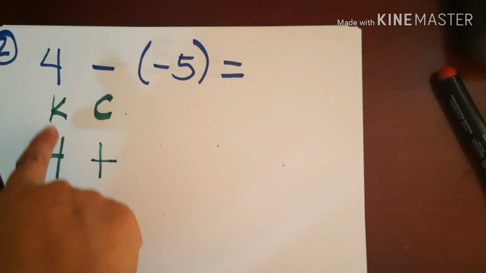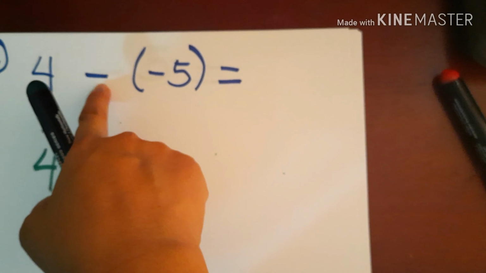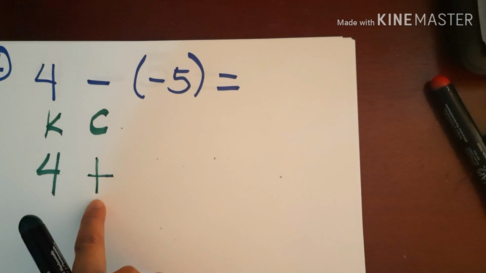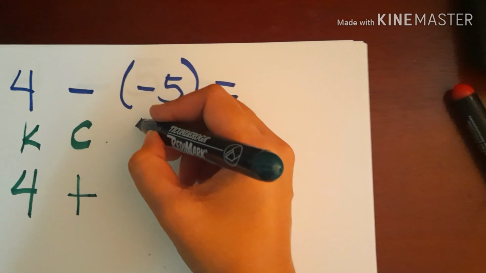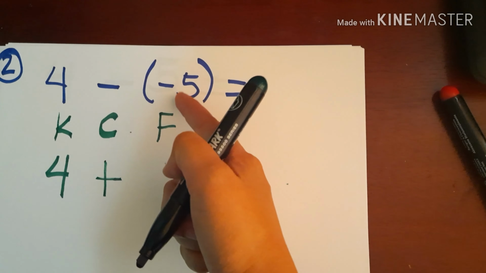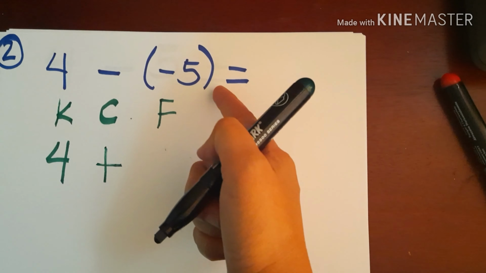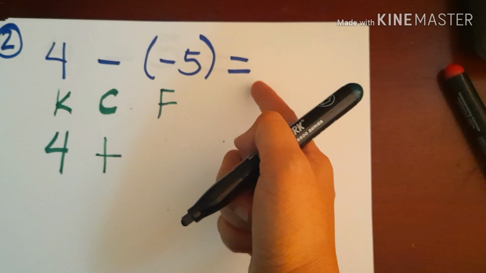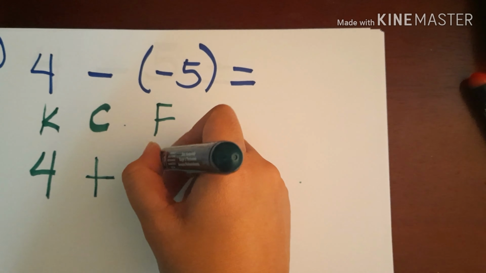So we keep 4, we change our operation sign, the subtraction sign, into addition sign. Last step is to make a flip. What will be flipped? We are going to flip -5. Once we flip it, we get the other side. And what's the other side of -5? It's just +5.